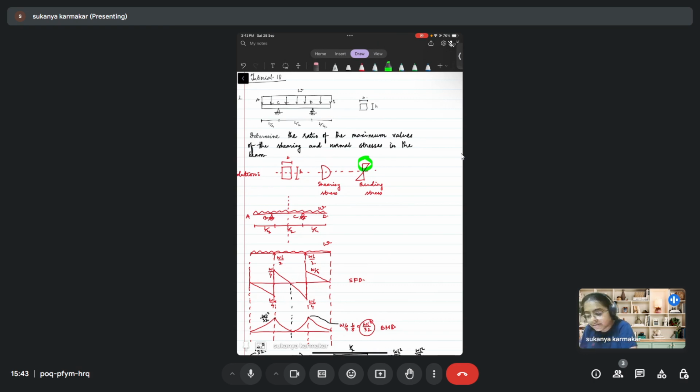And for the shear stress, you will calculate it at the neutral axis. At the neutral axis, in a rectangular cross section, you get the maximum shearing stress.